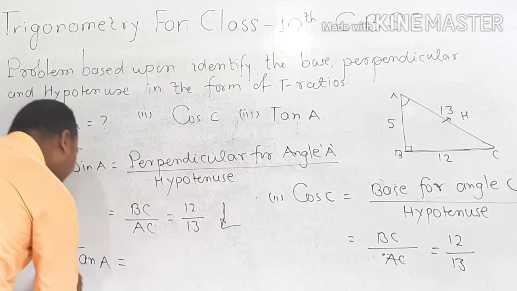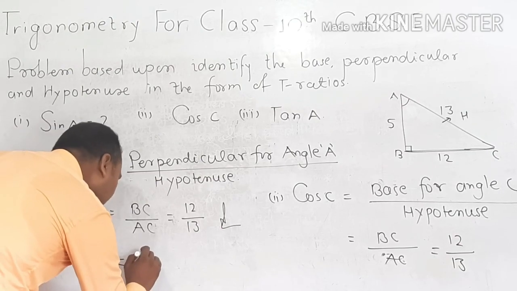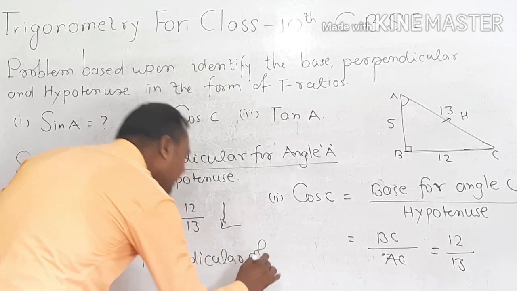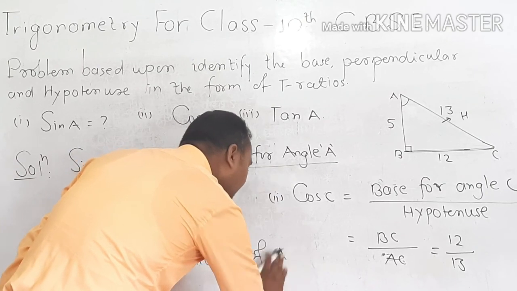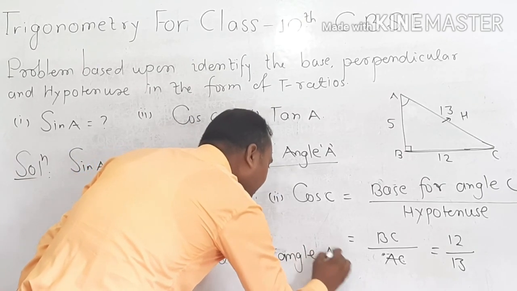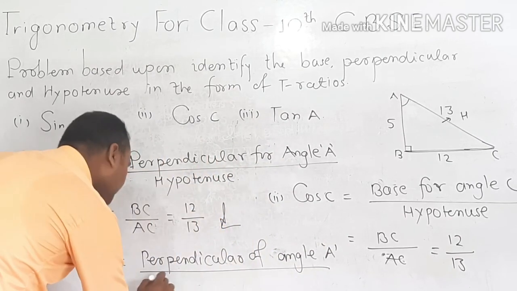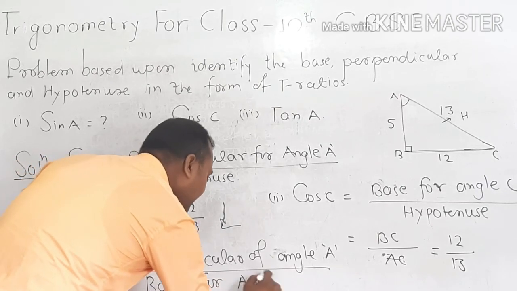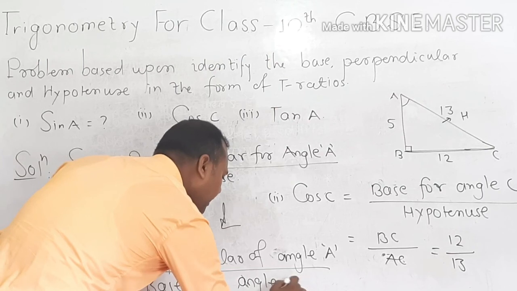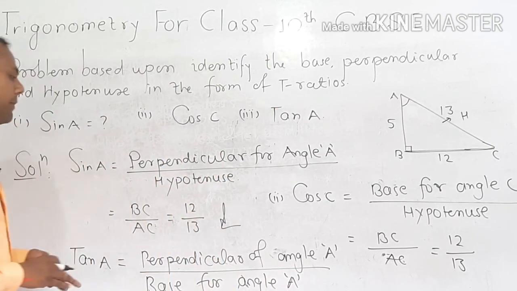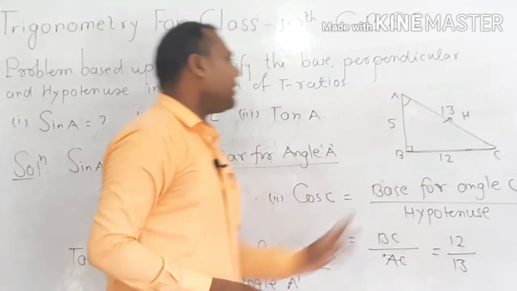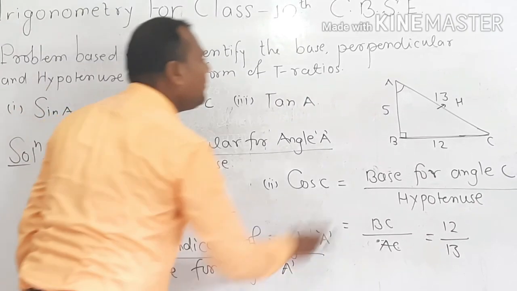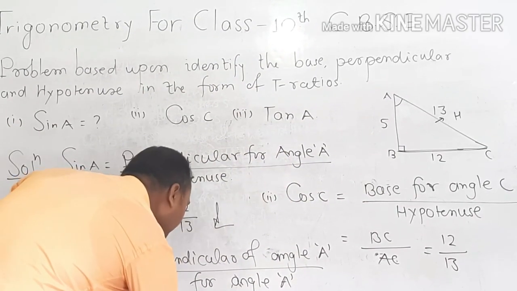So we can write perpendicular for angle A upon base for angle A. What is the perpendicular for angle A? This will be BC, and the base is AB. BC upon AB. BC is 12, so the answer is 12 upon 5.